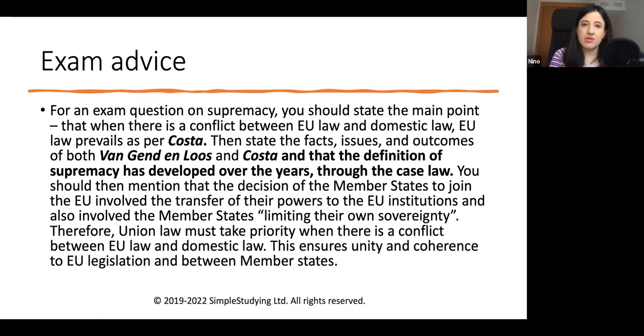However, if it is relevant to the argument, if you are applying it to the facts of the case, and you want to show that the factual circumstances of the case you're dealing with and Van Gend or Costa or any other case are similar, so you're making an argument in relation to the facts, in that case you could briefly mention the facts. But in other cases, normally it's the principle that you need to mention rather than the facts of the case.